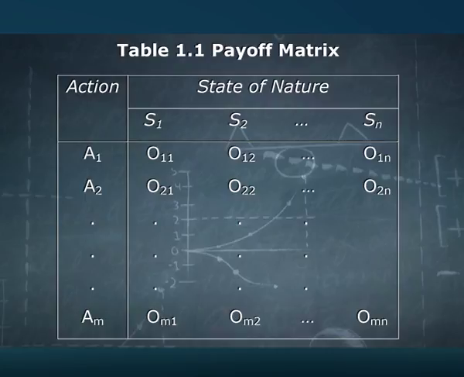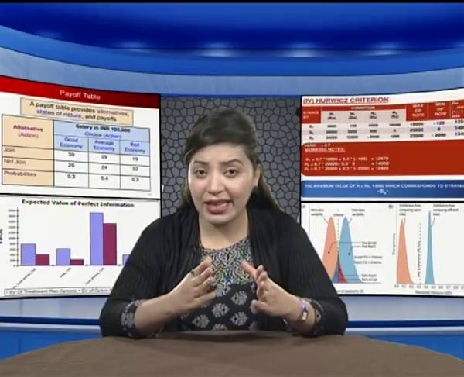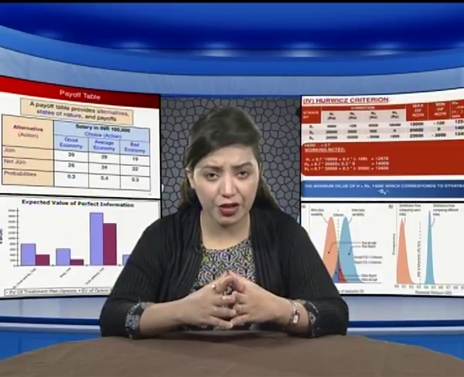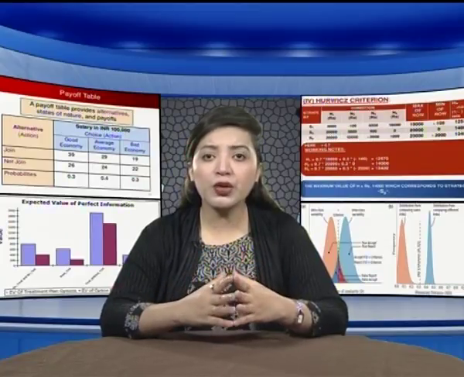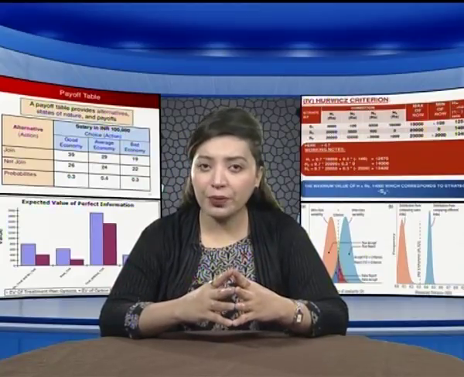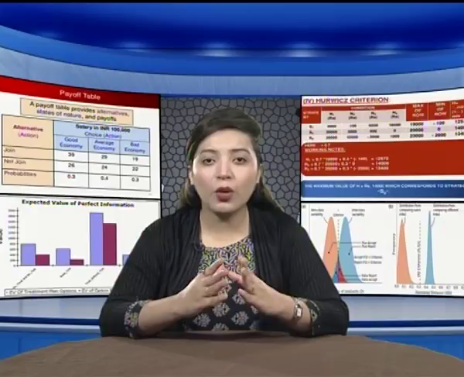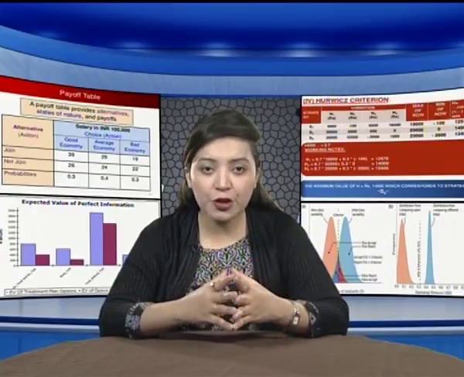Each state of nature is associated with a column. For example, the number O_ij is the outcome resulting from the combination of the ith action with the jth state of nature. In order to analyze a decision-making problem, we should first write down all possible acts and their corresponding payoffs. This is demonstrated in the following example on inventories.